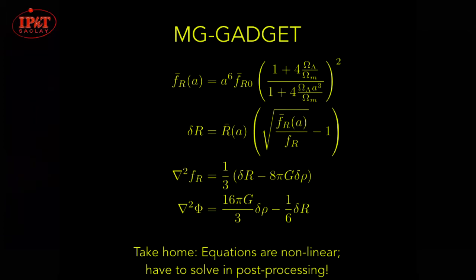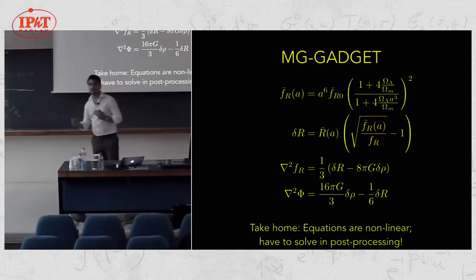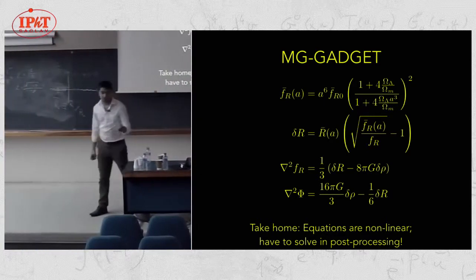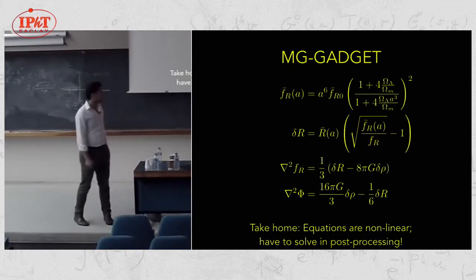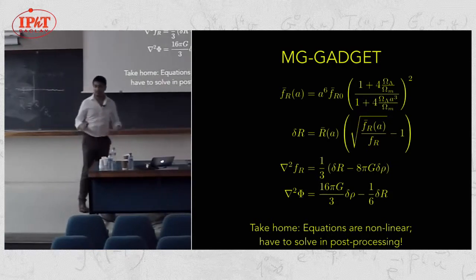So I showed you these governing equations earlier, and these two equations complete the set, and they come from having chosen the Hu-Sawicki model. And so what we do is we discretize these equations and solve them on the grid using a numerical method. The method that MG-GADGET uses is a Newton-Gauss-Seidel method, which is conceptually similar to a Newton-Raphson method.